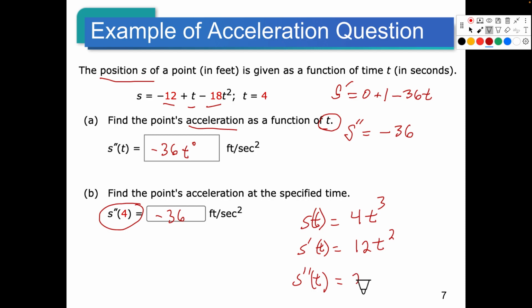It would be 24t. So it's possible for there to be a t. It's possible for it to be a constant. It's even possible if the position function is a linear function, by the time you take that second derivative, it's 0. So you really have no acceleration. Those are all possibilities depending upon which function you start with.